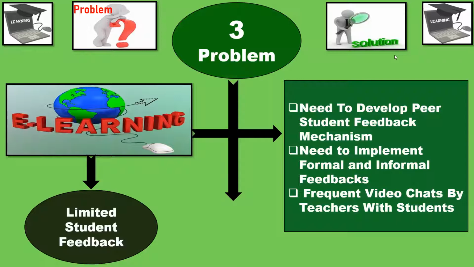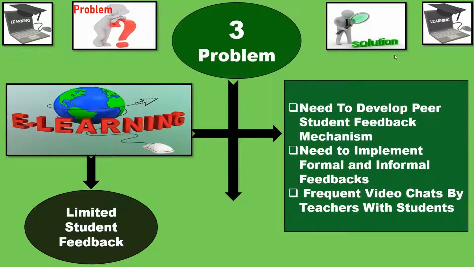And this mechanism should be for both learners as well as the instructors. Mostly in institutions, this kind of feedback focuses only on the teachers, but we are not concentrating on the students. So in both ways, we need to implement formal and informal feedback, and it should be transparent and well tabulated.